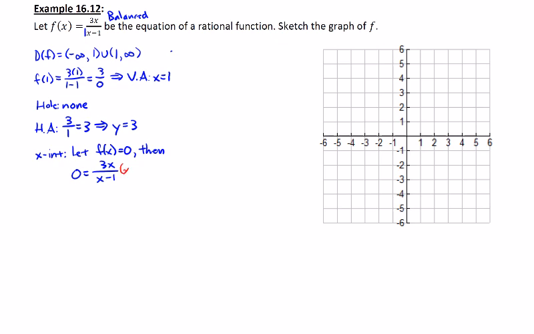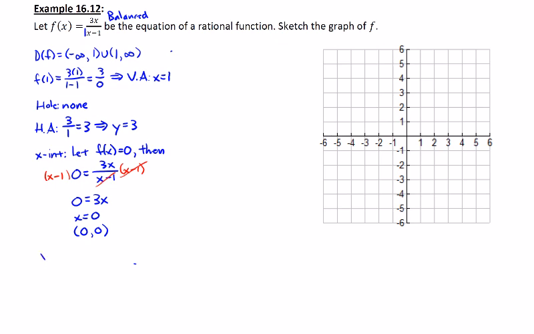I will then multiply both sides by x minus 1, so that way on the right side it'll cancel out with the x minus 1 that's in the denominator, but on the left side I'm going to be multiplying x minus 1 by 0, which is just going to still be 0. So it really reduces the amount of equation that I have to work with. It just tells me that 0 equals 3x, which would then imply that x has to be equal to 0. So there is an x-intercept located at the origin, 0, 0.